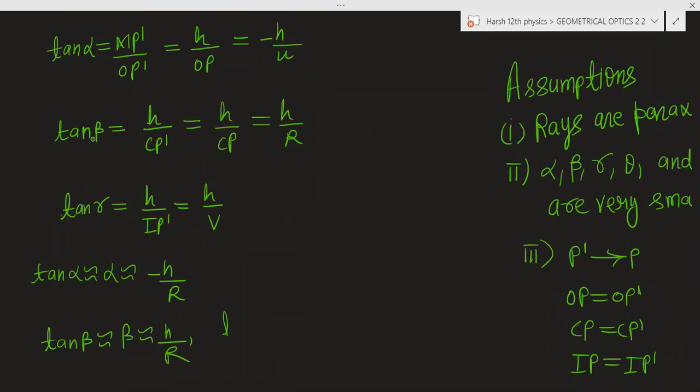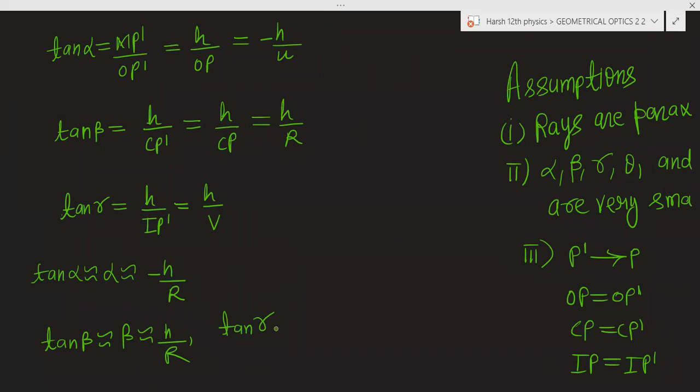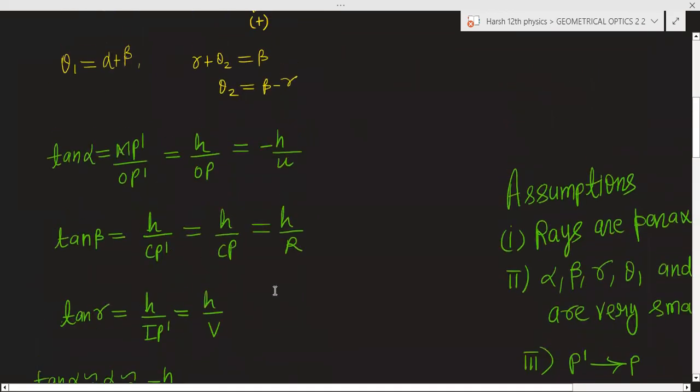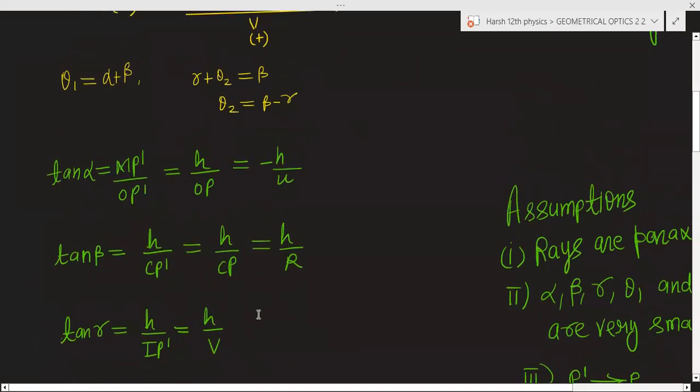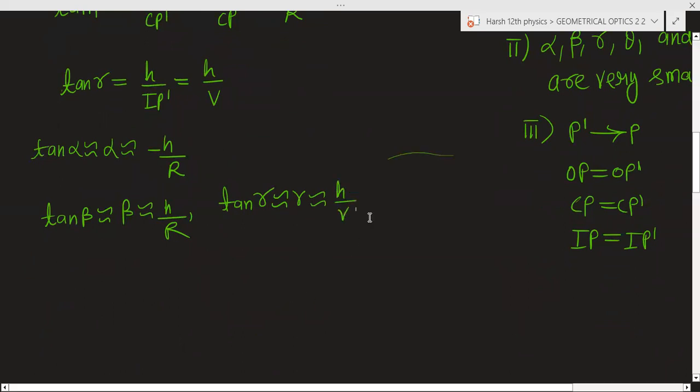For tan gamma, it is approximately equal to gamma, because this gamma angle is very, very small. So gamma is approximately h by v.